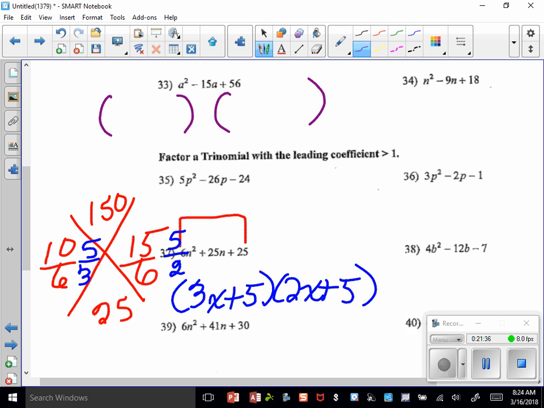Negative 7 and negative 8. Correct. So a negative 7 times a negative 8 will give me a positive 56 when I multiply, but when I add them will also give me a negative 15. So that's how you know that your factors are correct. You got to use these two numbers here, your last number and the middle number, to check it out. Okay? All right, so we're going to stop there.